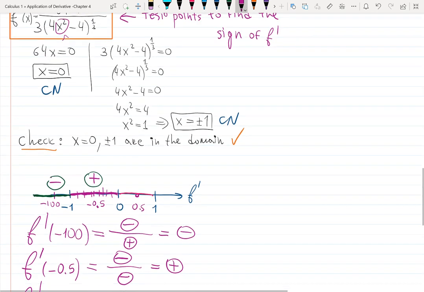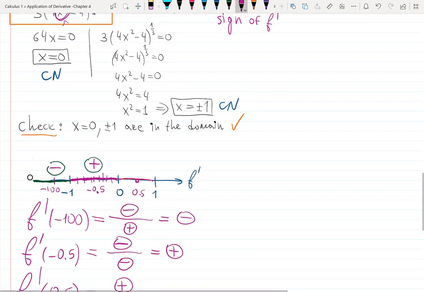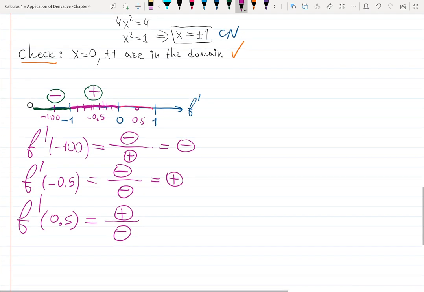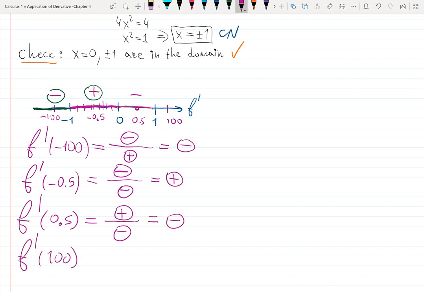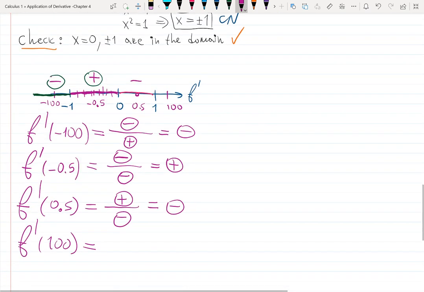The 4 times a fraction over here will be less than 4. So that number minus 4 is negative. So the whole answer is negative. And finally, 10 or 100, anything you like. Derivative of that is positive over positive. That's positive.